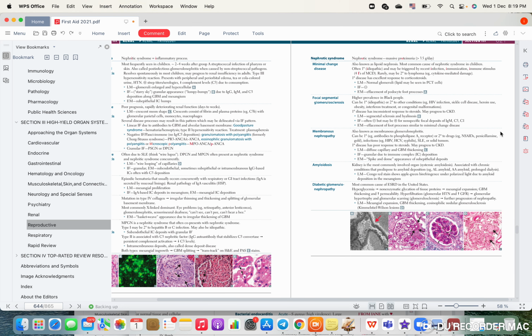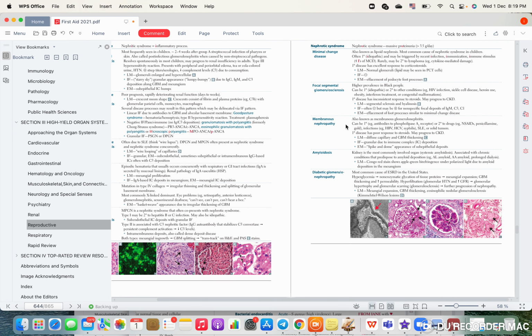Good. So also one more question about membranous nephropathy. In case of membranous nephropathy, what are you going to see? And first of all, which infectious disease can lead to it? Membranous nephropathy. Hepatitis B, C, and syphilis.